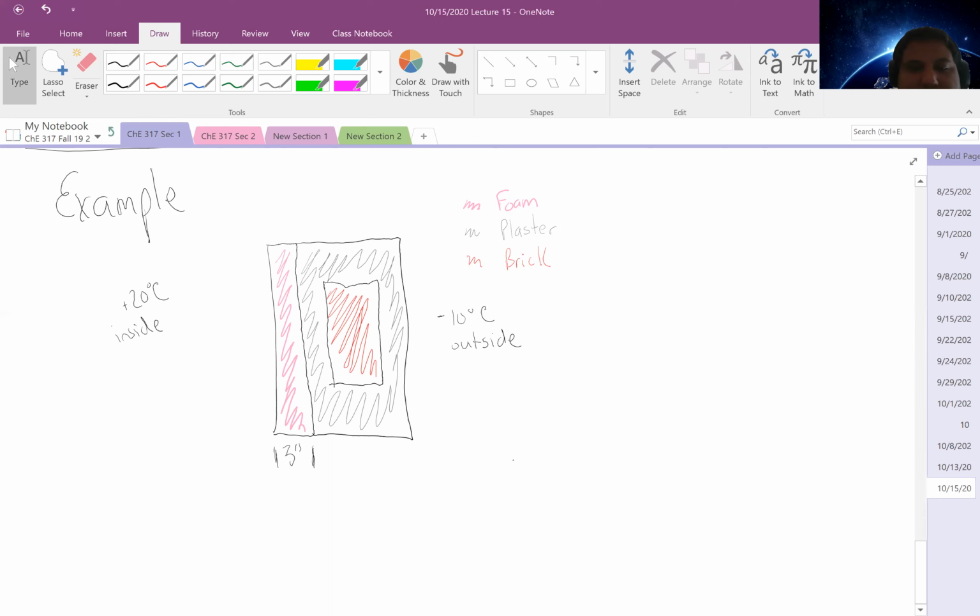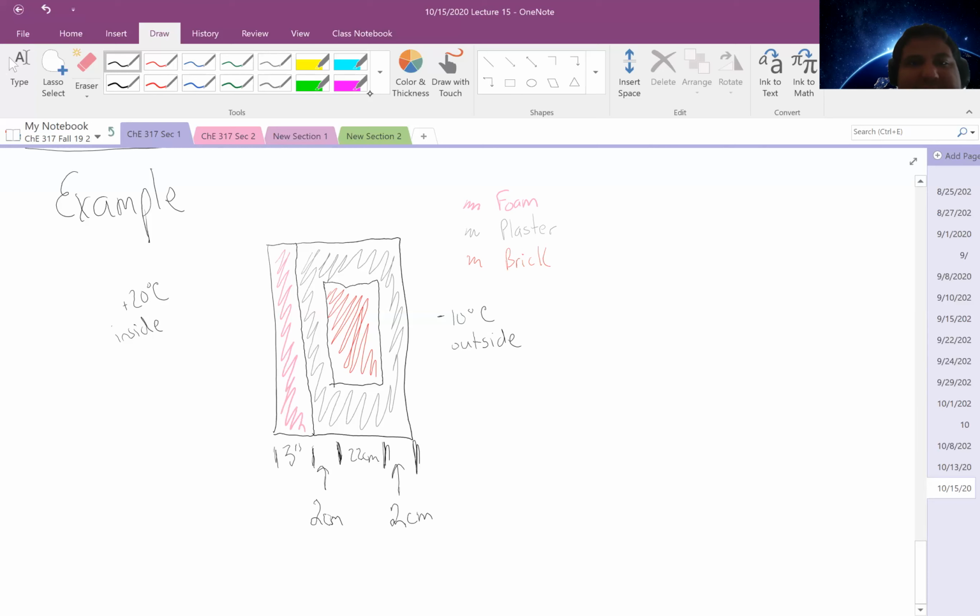So this is going to be a layer here and a layer here. This thickness will be the same. This will be 2 centimeters. And the brick is going to be 22 centimeters wide.